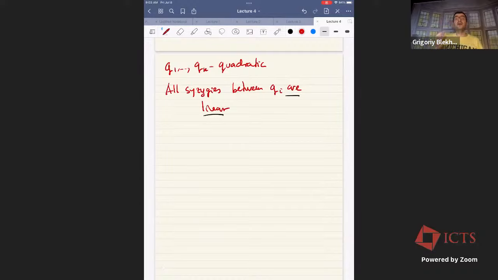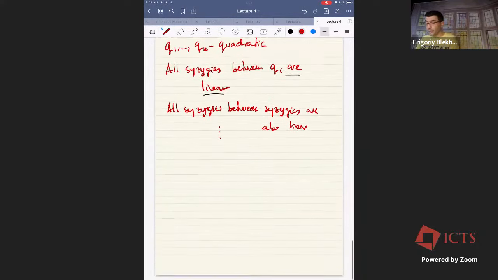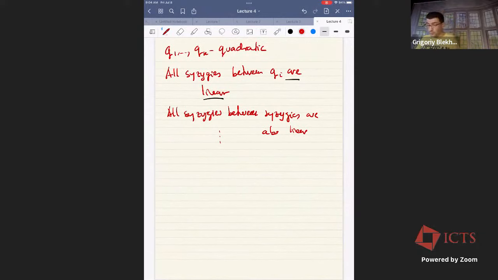You can take this process further, because now you can analyze syzygies between syzygies. All syzygies between syzygies are also linear. And now you keep going, and this process is guaranteed to terminate, by a theorem of Hilbert, as you analyze syzygies between syzygies between syzygies.